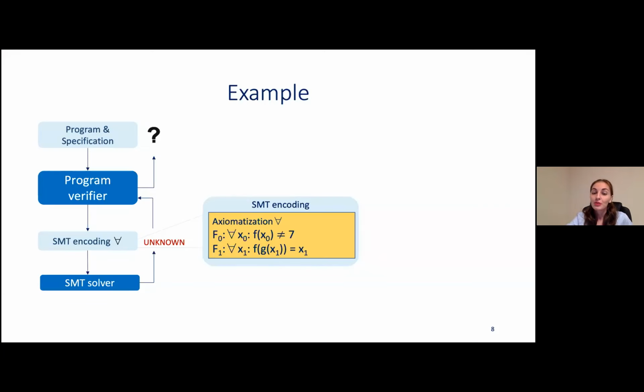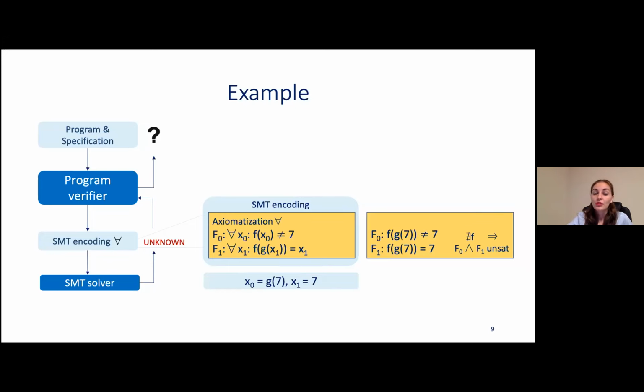So now let us look at a very simple example where we assume that the yellow axiomatization consists of two formulas, F0 and F1. These formulas axiomatize the uninterpreted functions f and g. If we consider the case where x0 equals g of 7 and x1 equals 7, we see that the two formulas set contradictory constraints.